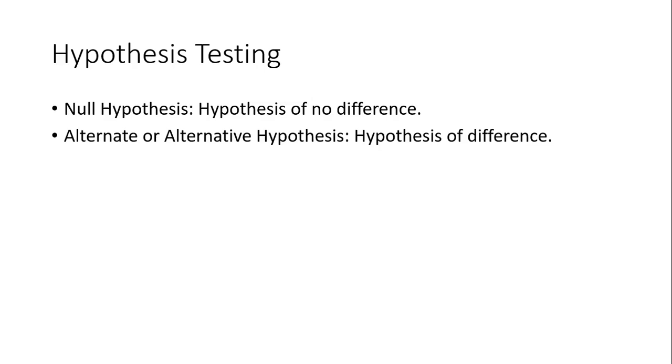When you say that the alternative hypothesis is not the same, then you have to do what is called a two-tail test. Why? Because you are not providing a direction whether it is smaller or whether it is greater than the population. However, if you specify that the sample mean is greater than the population mean, then you are proposing a very specific direction. And for that, we do what is called a one-tail test, because you have already provided the scenario.